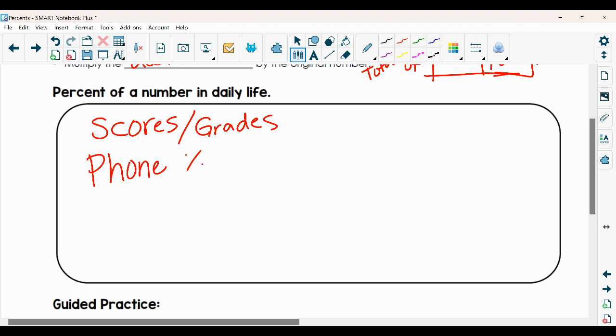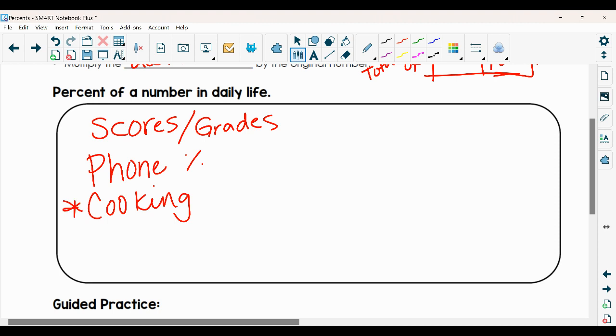All right, and ingredients in cooking. I like it. Where else do you see percent? Gavin? Like how much percentage of a chemical is in that? So like cooking and labels and stuff.